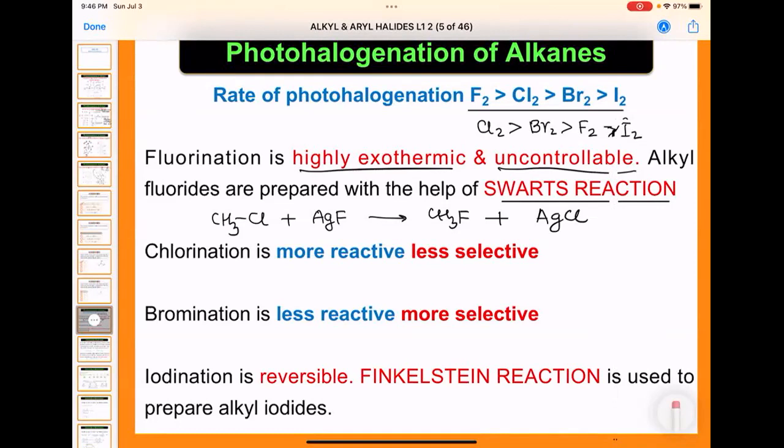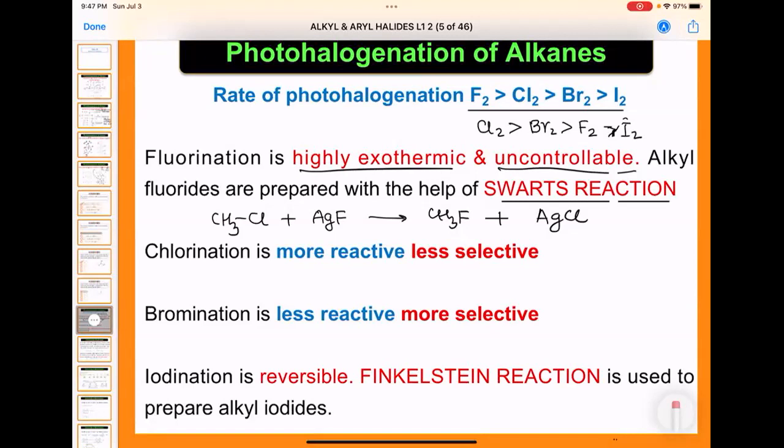But I radicals form very quickly, because you know that fluorine is from the second period, chlorine is from the third period, bromine is from the fourth period, iodine is from the fifth period. So iodine radical forms very quickly. Okay, but what happens is it forms, but it stays as it is.